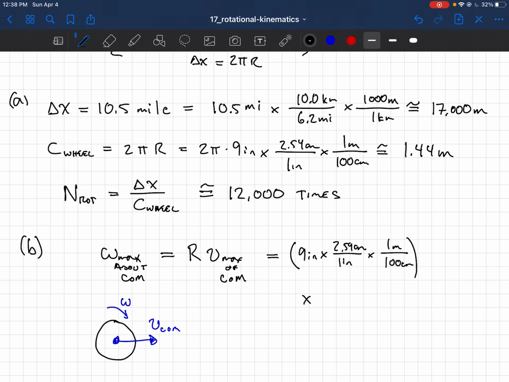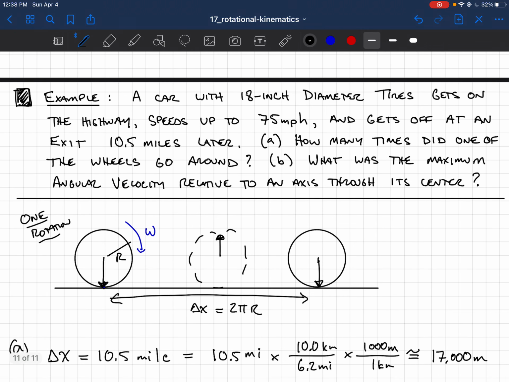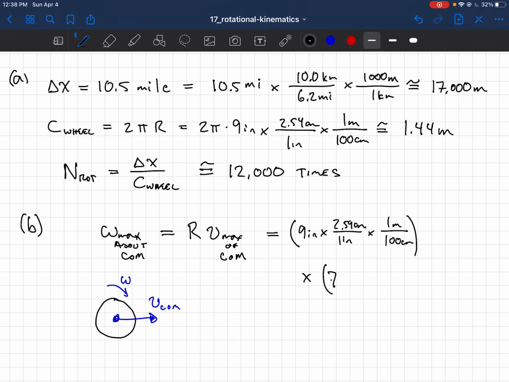And then we multiply by the maximum speed, which we were told was 75 miles per hour, and then we want to convert that. So that's going to be 6.2 miles over 10 kilometers, 1 kilometer, 1,000 meters.